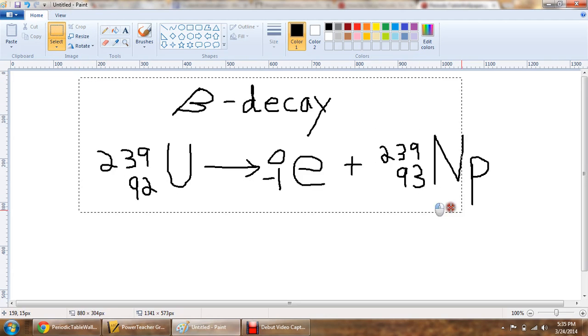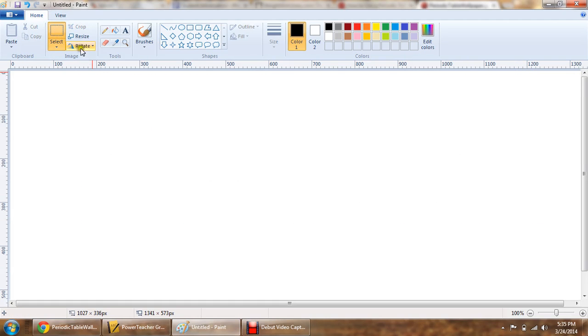Our last type of decay we're going to talk about is gamma decay. Gamma decay is the most energetic decay. It is the most dangerous to humans if they are exposed to it. And gamma decay gets its name because it actually emits gamma rays.